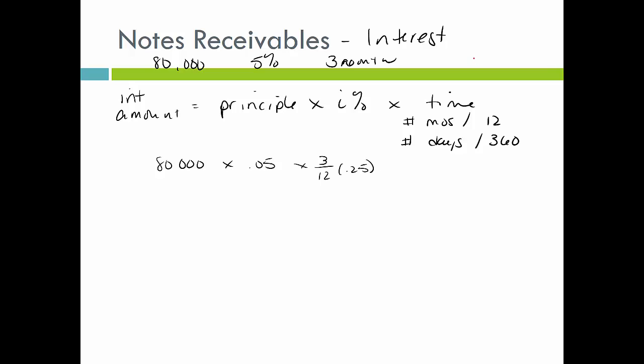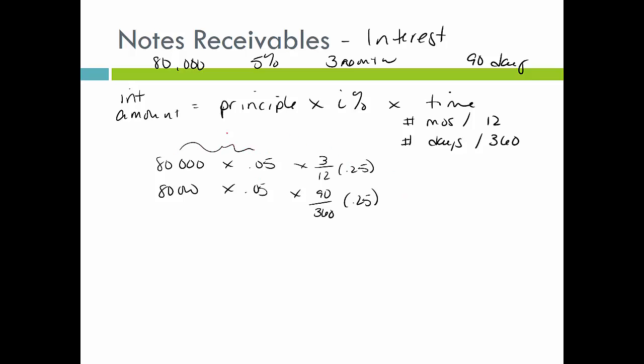The other way, sometimes you see it as, say, a 90-day note, and so then you would just take 80,000 times 0.05 times 90 over 360, which is also 0.25. The other way you could look at this is 80,000 times 0.05, which gives you 4,000. That would be if it was for a whole year, right?